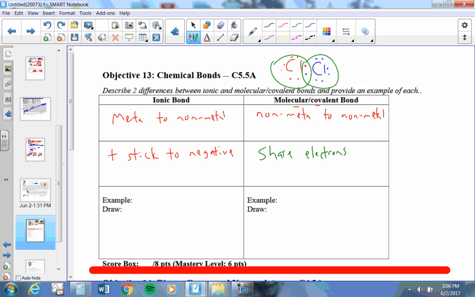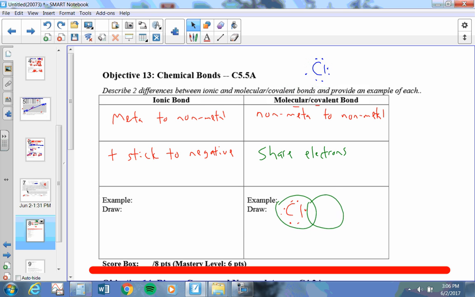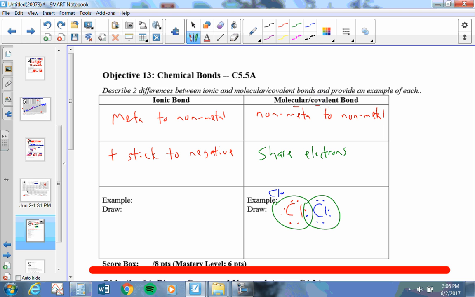So it's dawning on me that this probably could have just been my example. Example, Cl2 is molecular or covalent. I could have used carbon dioxide, CH4. There was all kinds of them we drew, but any of the diatomics work fairly well.